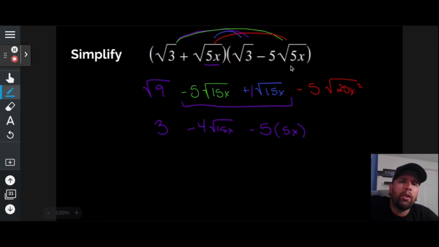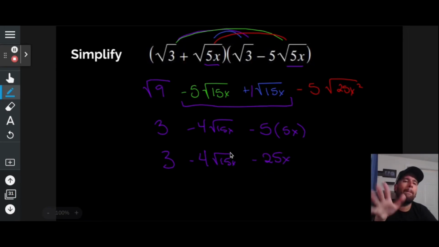Couldn't you just have figured that out at the very beginning, when you said root 5x times root 5x, you're squaring a square root, which just makes 5x? Yes. Too late. This gives me 3 still. This gives me negative 4 root 15x still. And this gives me negative 25x. Those are 3 different terms that don't combine. I am done.